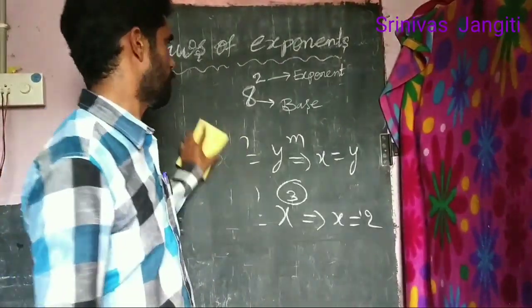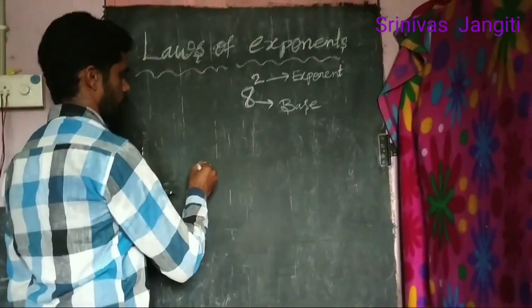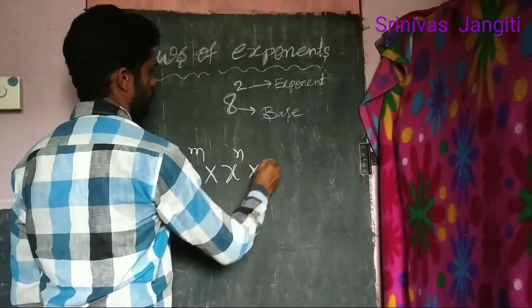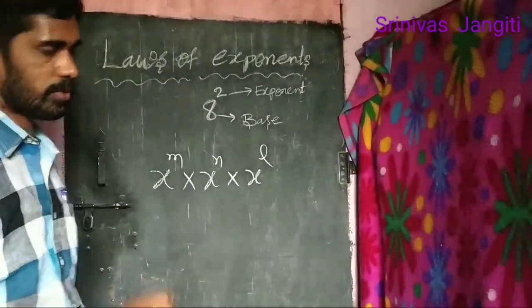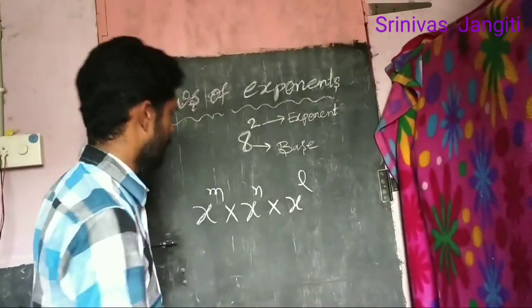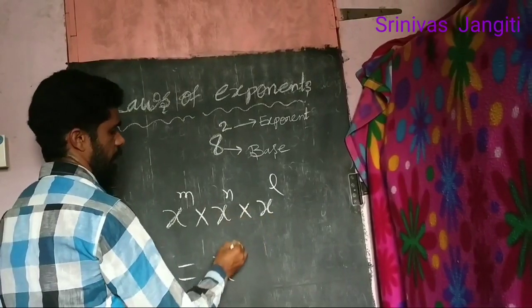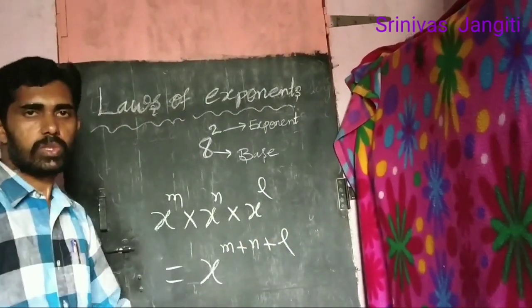So simple. The final formula about this: suppose x to the power of m into x to the power of n into x to the power of l. There are three, right? x to the power of m into x to the power of n into x to the power of l is equal to what? Very good. Now the base is only x, so x to the power of m plus n plus l. So simple now?